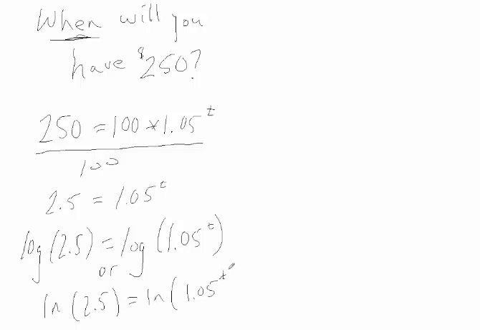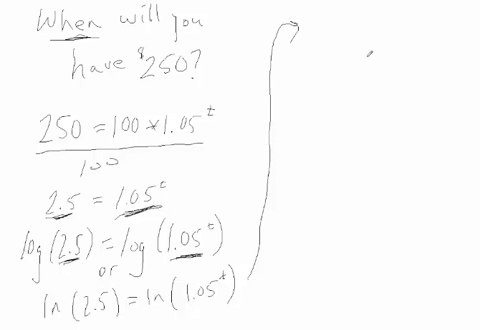Just like we can add and subtract the same thing on both sides, we can multiply and divide by the same thing on both sides, we can square both sides, we can take square roots on both sides. We can also take logarithms on both sides. Thinking about it, if this thing equals this thing, then the log of this thing should equal the log of that thing. Okay?